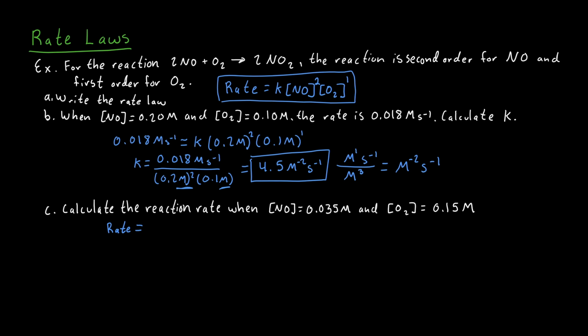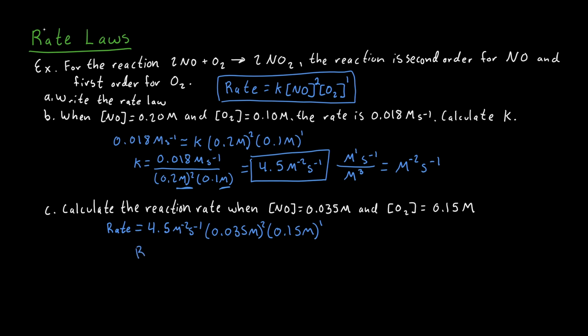So for K, we just solved K, so we can plug that in. 4.5 molarity to the negative second, seconds to the negative first, times the concentration of NO squared, 0.035 molar squared, times the concentration of O2, so 0.15 molar to the first.